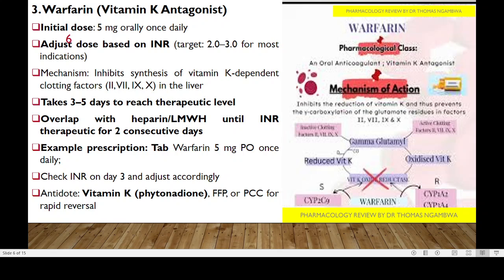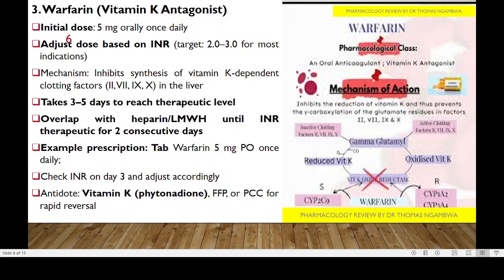This drug normally inhibits synthesis of vitamin K dependent clotting factors, clotting factors 2, 7, 9, and 10 in the liver. Warfarin takes about 3 to 5 days to reach therapeutic level, and that's why we normally overlap it with unfractionated heparin or low molecular weight heparin like enoxaparin until the INR therapeutic for consecutive days is stable.